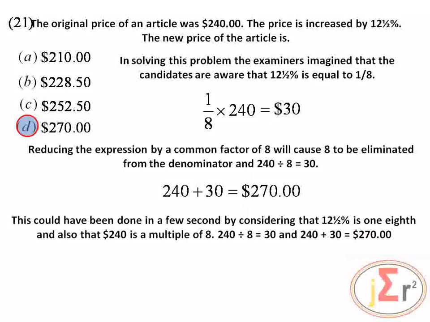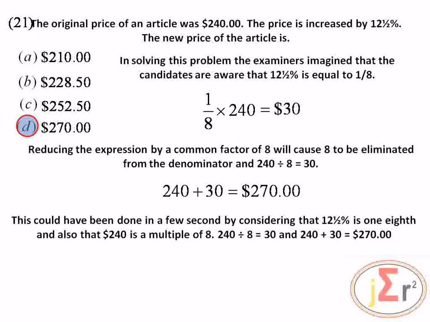This could have been done in a few seconds by considering that 12.5% is 1/8, and also that 240 is a multiple of 8. So 240 divided by 8 is 30, and then 240 plus 30 is 270.